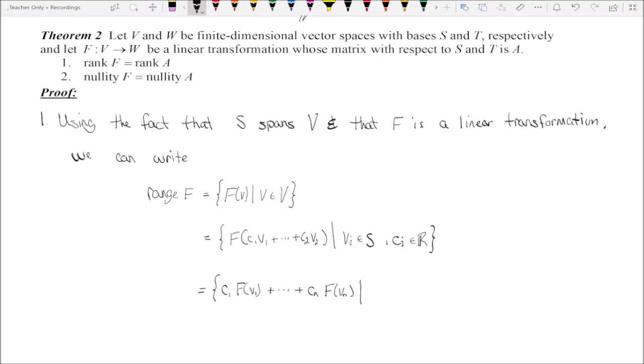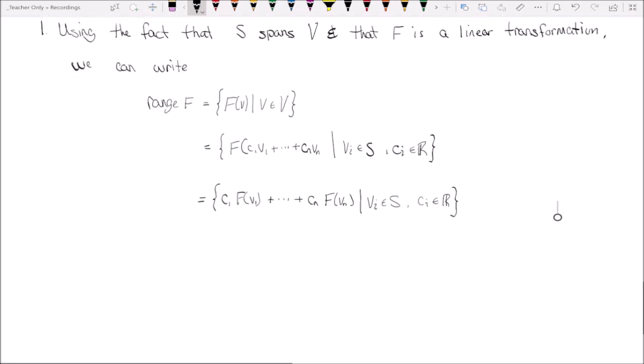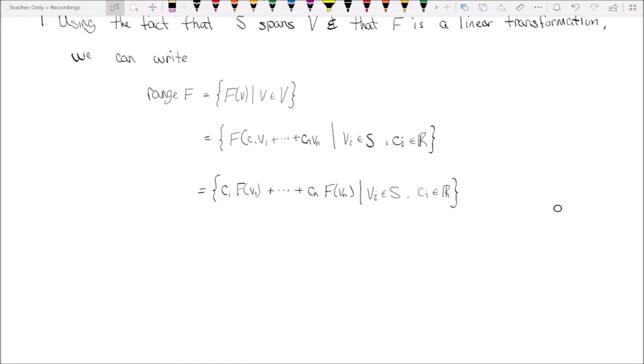I need to make a quick change I just noticed. This should not be c2v2, this should be cnvn. But this is the very definition of the span of F of v1, so on and so forth, F of vn.